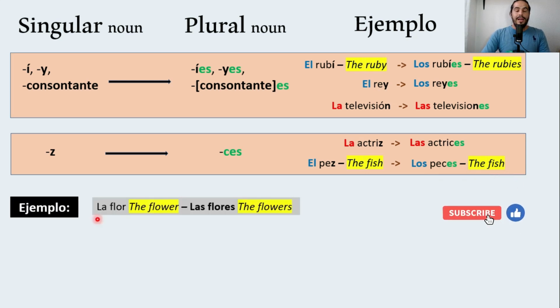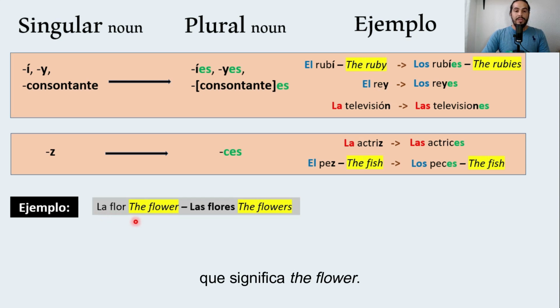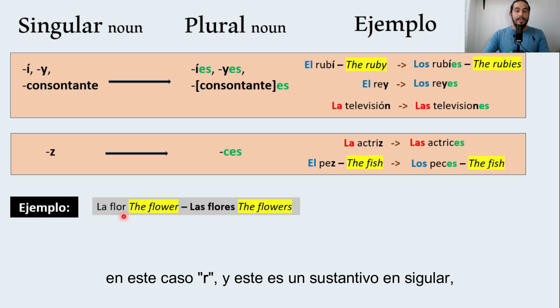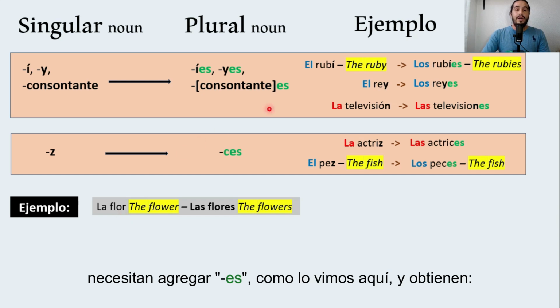Example, la flor, which means the flower. If you want to have its plural form, the noun ends with a consonant, in this case R, and this noun is a singular noun. You need to add es, as we saw here.